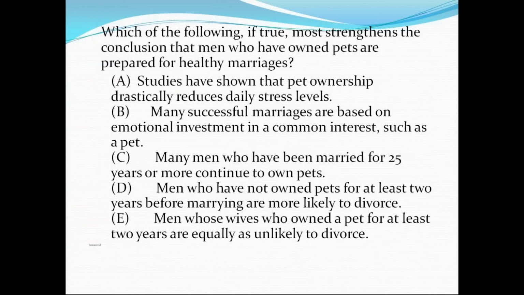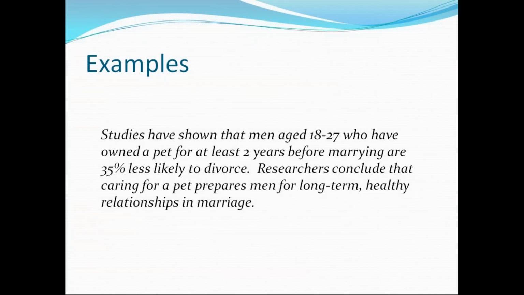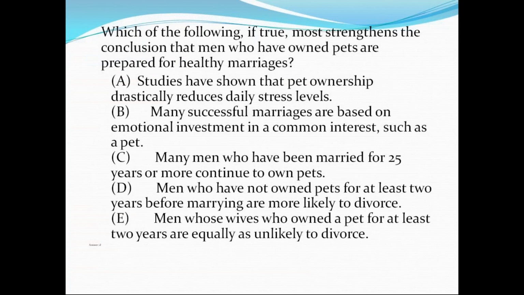So what about D? I'm sorry, can you go back for the stem? Yep. Okay, so D, I think D is at least in scope. Yes, it is in scope. And I agree. And it does strengthen the argument. Yeah, it does. Because it's the exact opposite, isn't it?